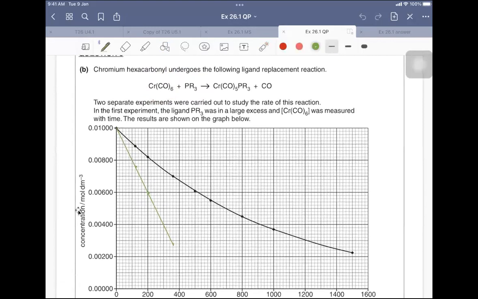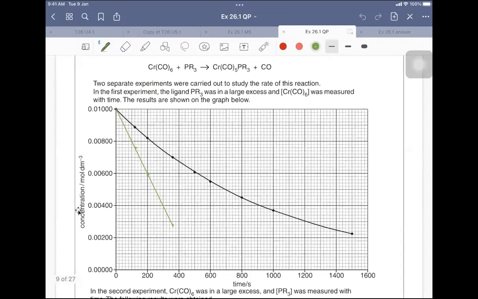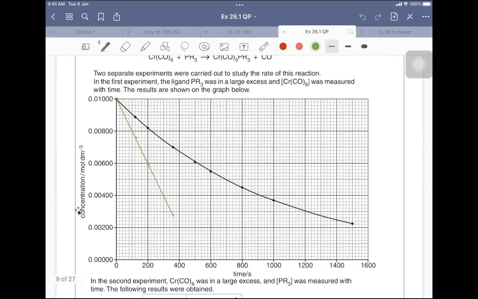So the first graph, the curve in black, is the concentration time graph for your chromium complex. Okay, so this is an example where they combine the concentration graph of 2 reactants on the same axis.